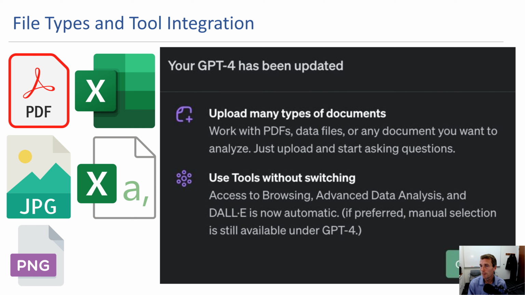So a nice upgrade to GPT-4, and I assume we're going to see more of these types of upgrades. We already have the opportunity to interact with it through voice, through the app. So there are other ways to interact with this tool that are going to make it easier to use for the types of data that we want to give it and help us analyze.